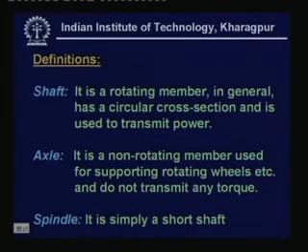The rotation of the shaft is caused by some other prime mover which rotates a set of wheels or gears or pulleys, and that is the reason this shaft will always be acted upon mostly by bending moments and torques and other forces, which we will see in a few minutes.